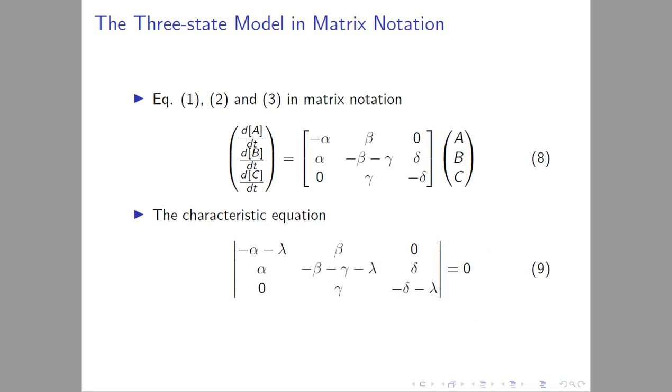Okay, so if we have more than a three-state model, we can solve it using the matrix notation in our advanced method. Here is the example for the three-state model. Equations 1, 2, 3 from the previous slide can be written as this equation, and the characteristic equation is equal to this equation, so we can solve it.